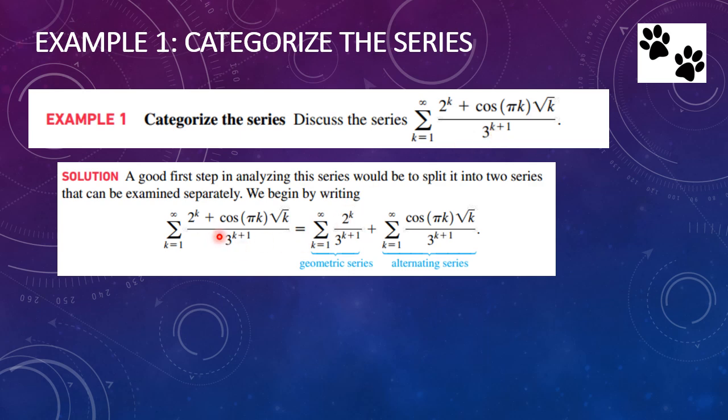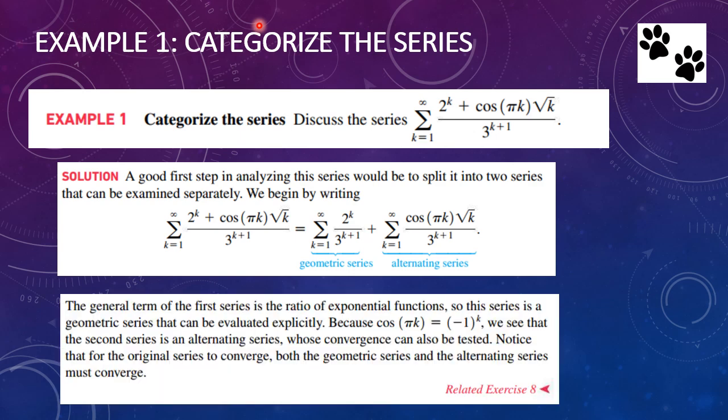If we split this into 2 to the power of k over 3 to the k plus 1, plus the series cosine of pi k times the square root of k over 3 to the k plus 1, we can see that we have both a geometric series first and an alternating series second. If you examine the table, you can see the tests that we can use for each of these series.